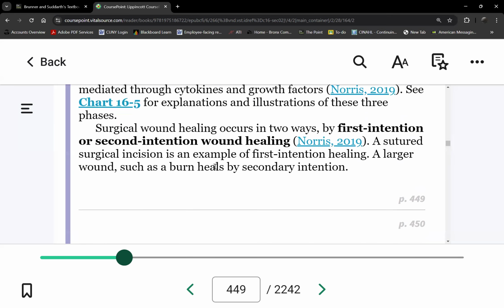So let's review first, second, and tertiary wound healing intentions again. What's the meaning of these three? This is how wounds heal. So what type of wounds are surgical incisions? Are they first intention, second, or tertiary intention? Surgical wounds are first intention, meaning it's not like the doctor carved out muscles and tissue and then put them on the grill, right?